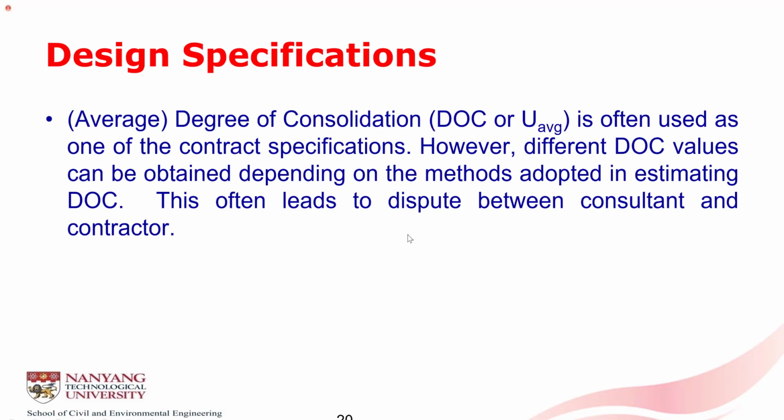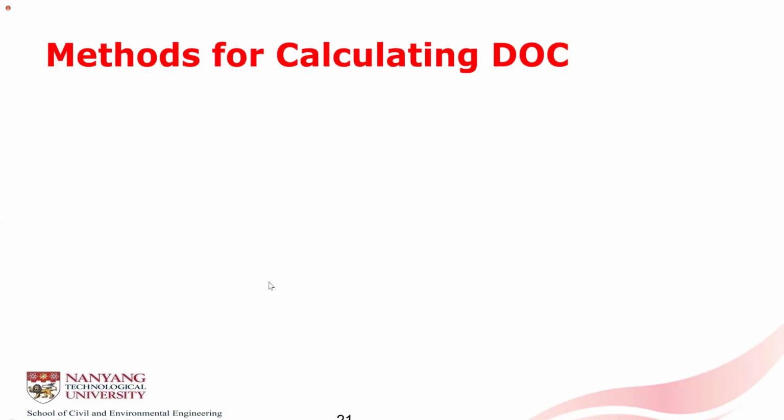Normally we have to ask the contractor to deliver a piece of land with, let's say, 90% degree of consolidation. But the problem is that different degree of consolidation values can be obtained depending on the methods adopted in estimating it. So this often leads to dispute between consultant and the contractor.